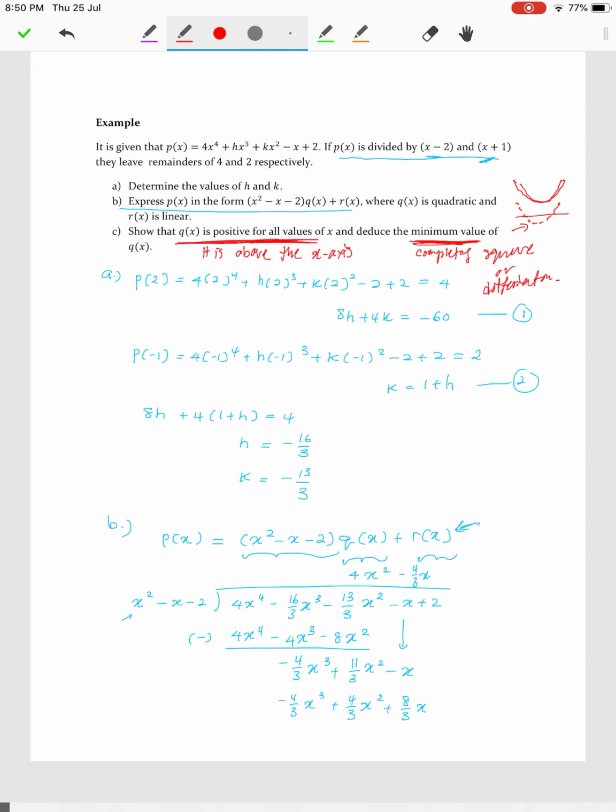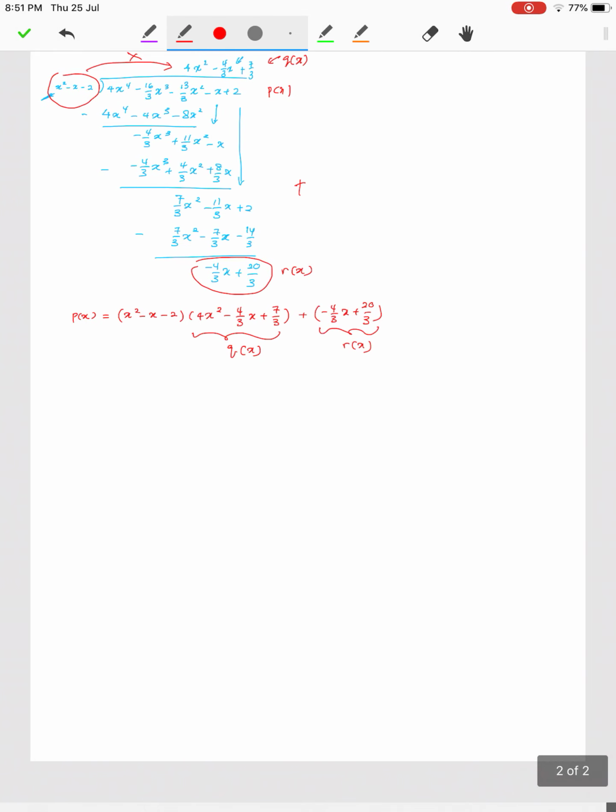But in MAX-T, differentiation is in second semester, so we stick to completing the square. So to tackle C, you have to do two things. First, show that it is above the x-axis. Secondly, complete the square and show the minimum value of q. Okay, let's do that.